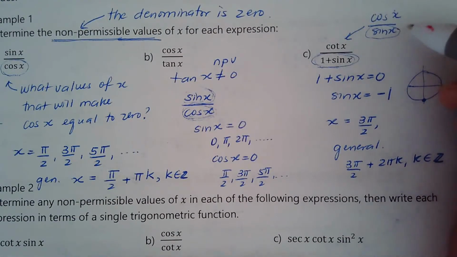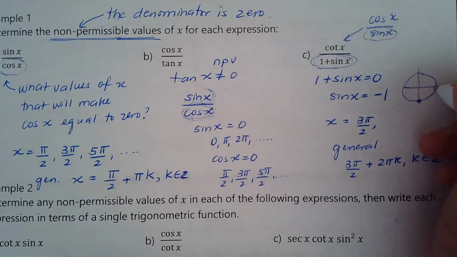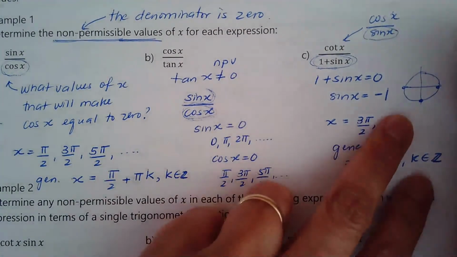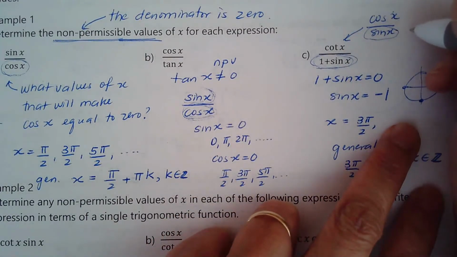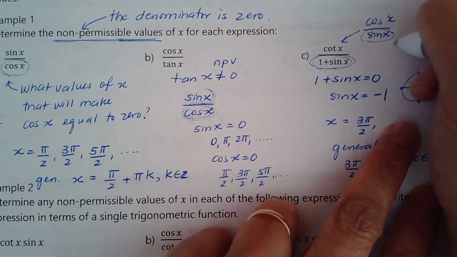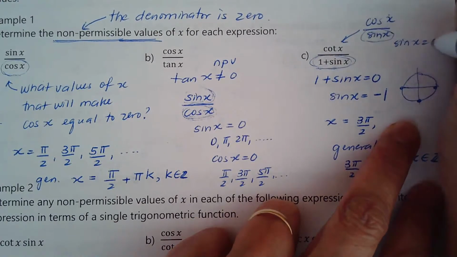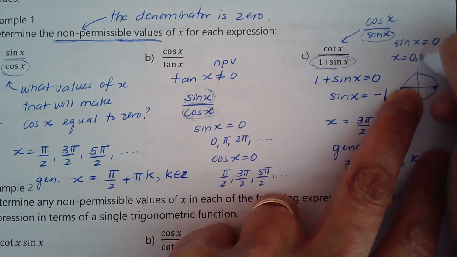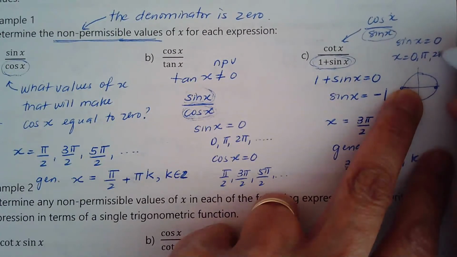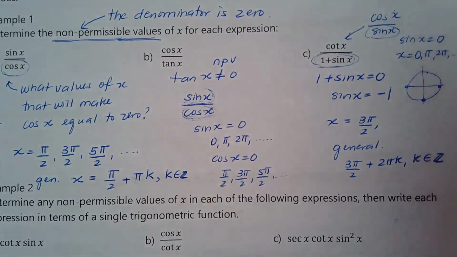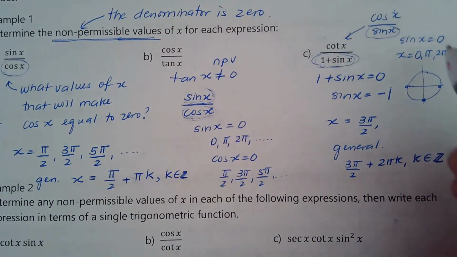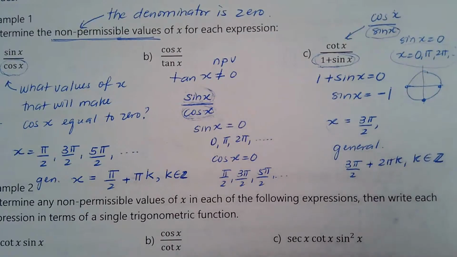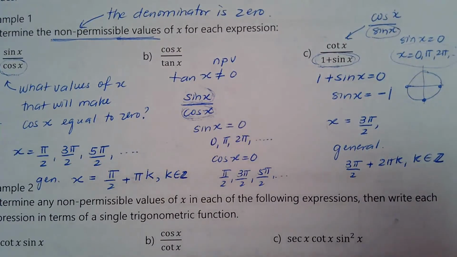Where is the sine of x 0? Sine of x is 0 here at 0 and at pi. So in this particular case, sine of x equals 0, so x is equal to 0, pi, 2 pi, and so on. All of these angles will result in a non-permissible value.